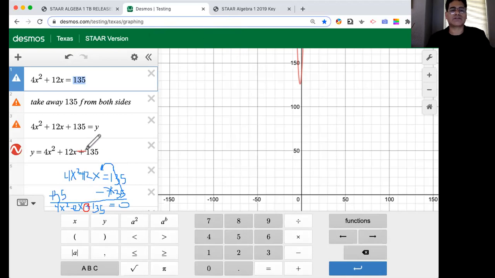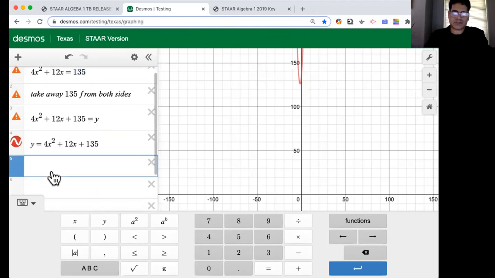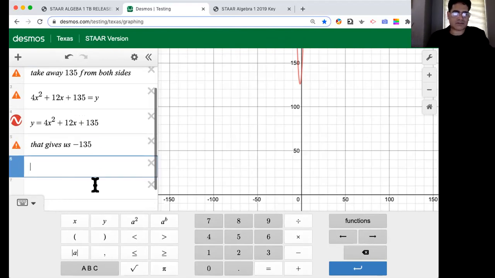All right. So let's clear all this up and say that we take away 135 from both sides. That therefore gives us negative 135. Okay.